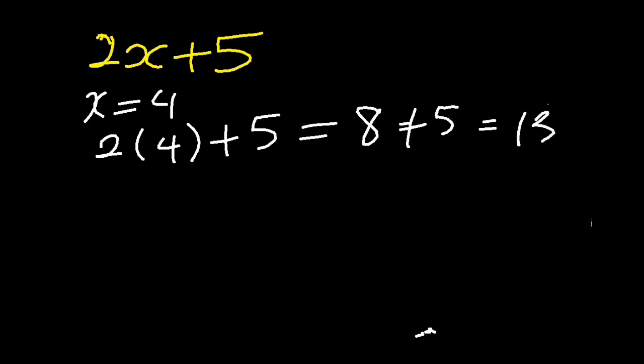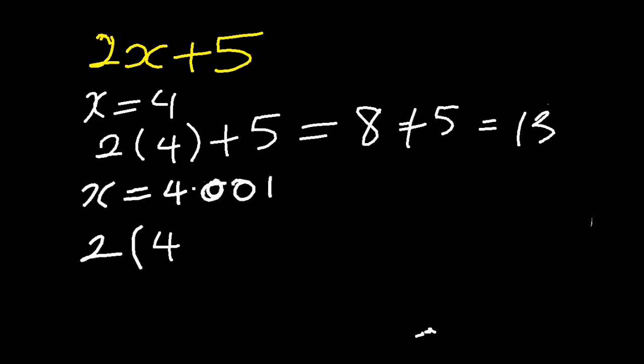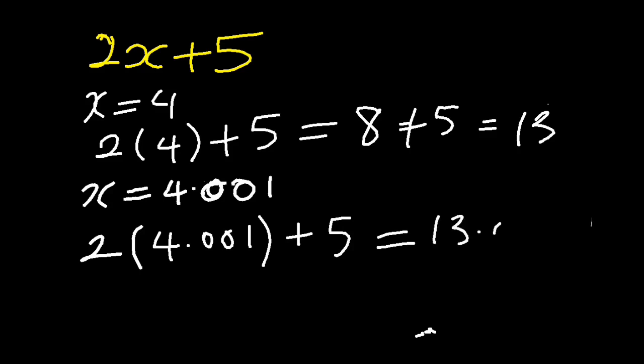Now when x is greater than 4, we have x is equal to 4.001. So 2 into 4.001 plus 5 will be equal to 13.002.